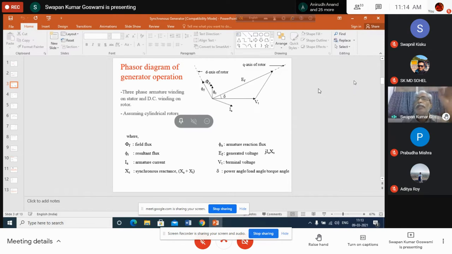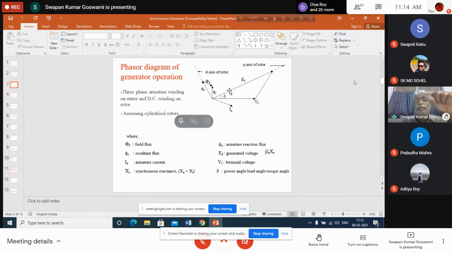If somehow you can increase the speed of the generator momentarily, then what will happen? The generator rotor will rotate at somewhat higher speed with respect to the synchronous speed. Vt is rotating at synchronous speed, therefore delta will increase.